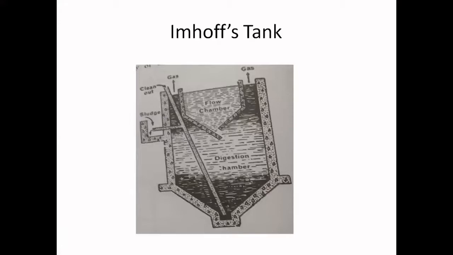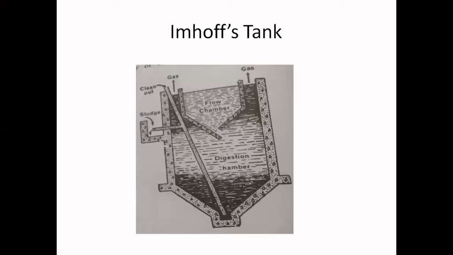The sewage flows with low velocity in this chamber. The dimensions of this chamber are worked out by considering the velocity of the flow, the detention period required, and the quantity of sewage to be handled by the tank.